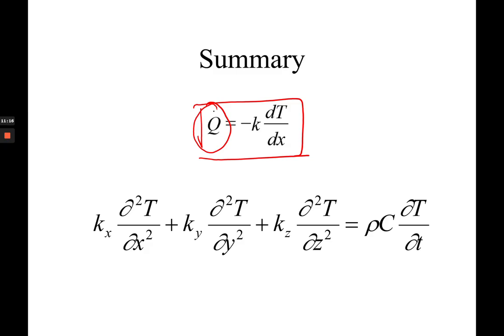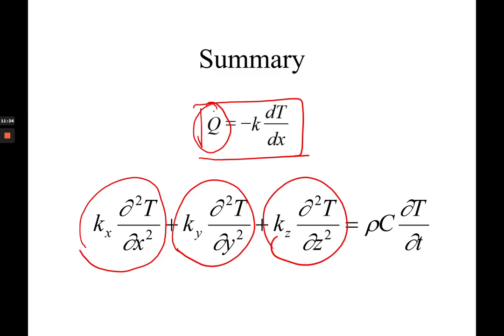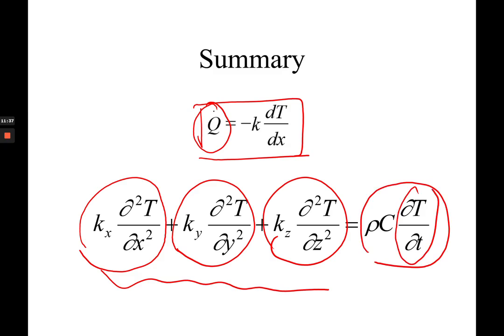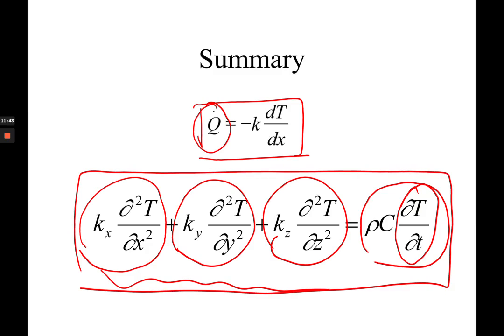We found out how much heat stays inside the body in the x direction, the y direction, and the z direction per unit volume, and the total together is used to increase the temperature of the volume at this rate of temperature increase. So this is the final equation of heat conduction. As I said, it is complicated, it is difficult to solve, and we need boundary conditions to solve that, but at least we know what this equation is and where it comes from.